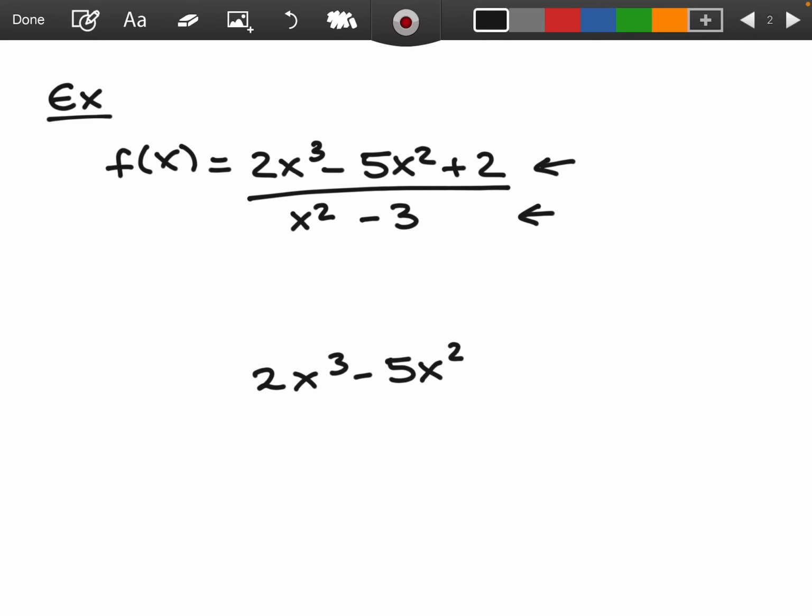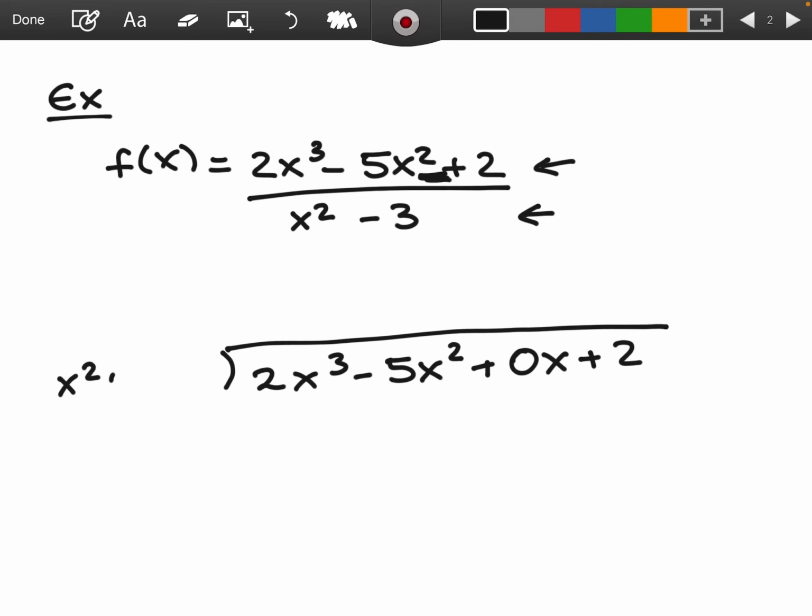Wherever you have a particular x term or x squared term in your polynomial that has a coefficient of 0, so it doesn't actually appear, like here where there is no x term, we just put plus 0x, especially when we do this polynomial division.